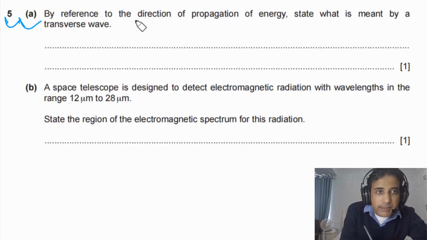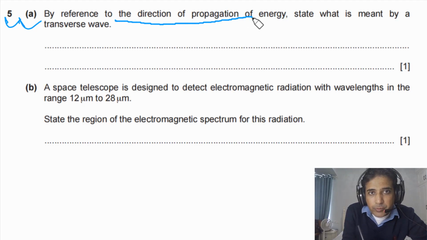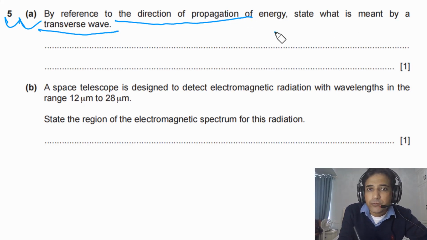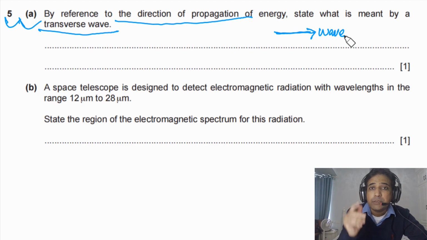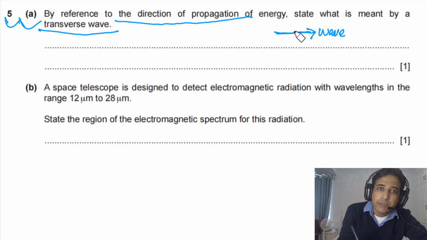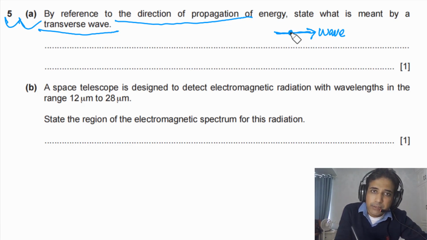Question 5 part A says, by reference to direction of propagation of energy state, what is meant by a transverse wave? So first of all, imagine that a transverse wave is moving to the right. So this is the direction of propagation of the wave and this is also the direction of propagation of energy. Now we can imagine a medium particle here. So how will this medium particle move? This medium particle simply will move up and down.